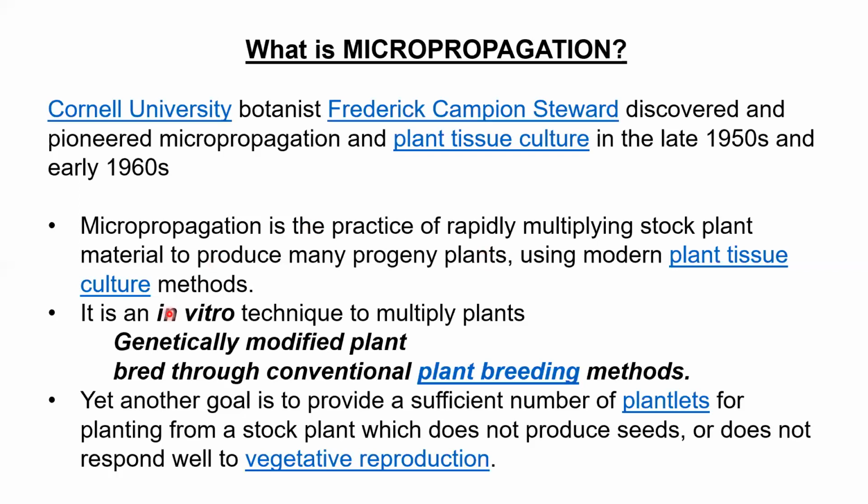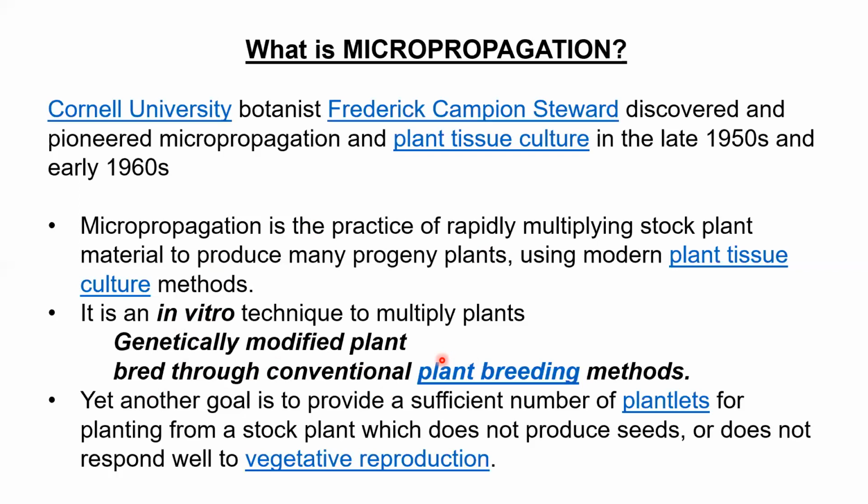In vitro literally means in test tubes. We perform this technique in labs under controlled conditions for genetically modified plants, for transgenic plants, and plants bred through conventional plant breeding methods, where you want to increase their number.